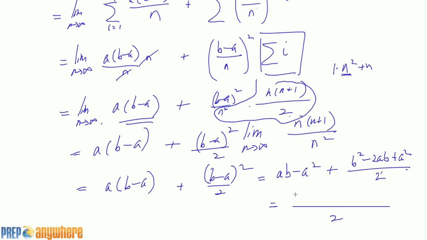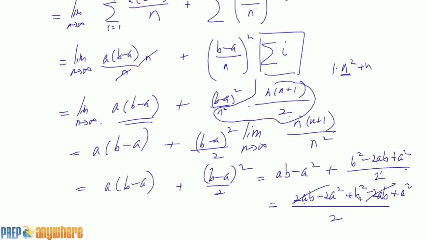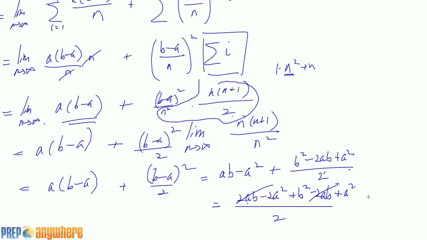Common base of 2, and we get 2ab minus 2a squared. So that's gone. Not only is it gone, you can collect the a's and you get (b squared minus a squared) all over 2. So we're done the proof.